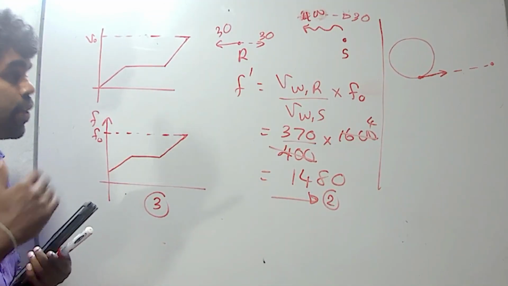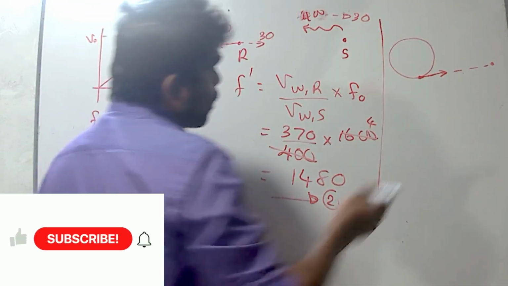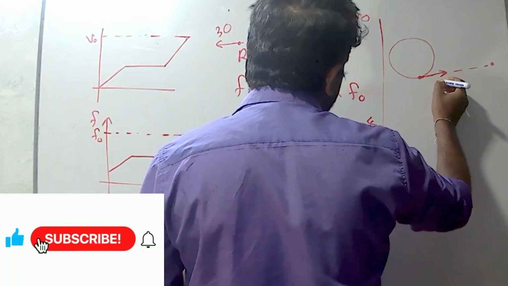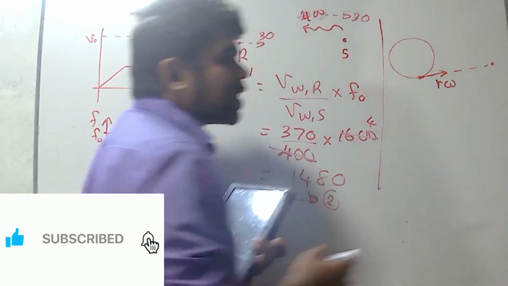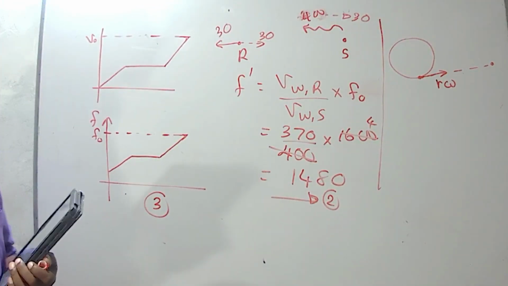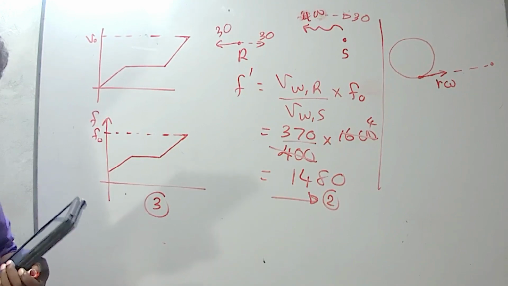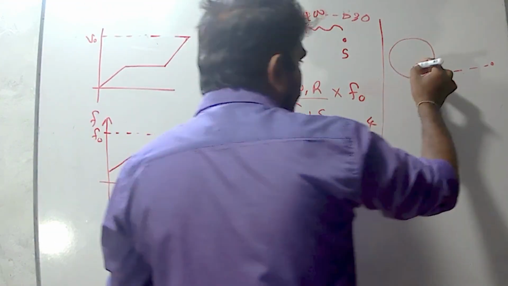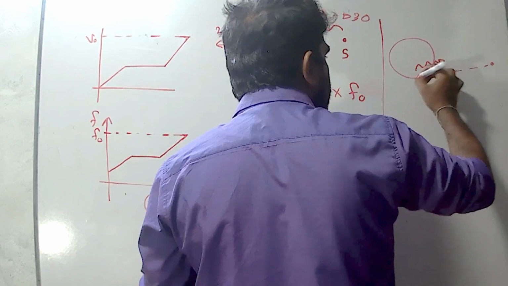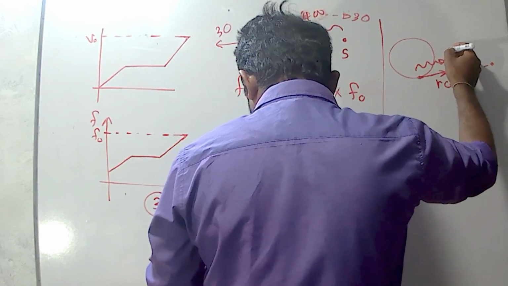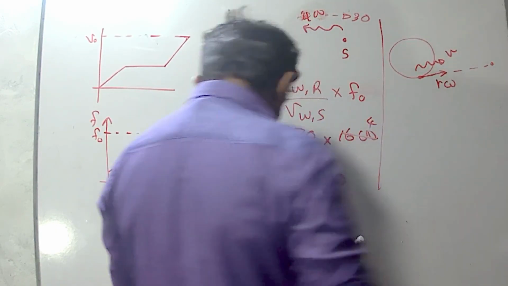For both situations, the velocity of the source is r omega. We know that v equals r omega, the tangential velocity. Now, we have to consider the wave in this direction. The velocity of the wave is given as V.